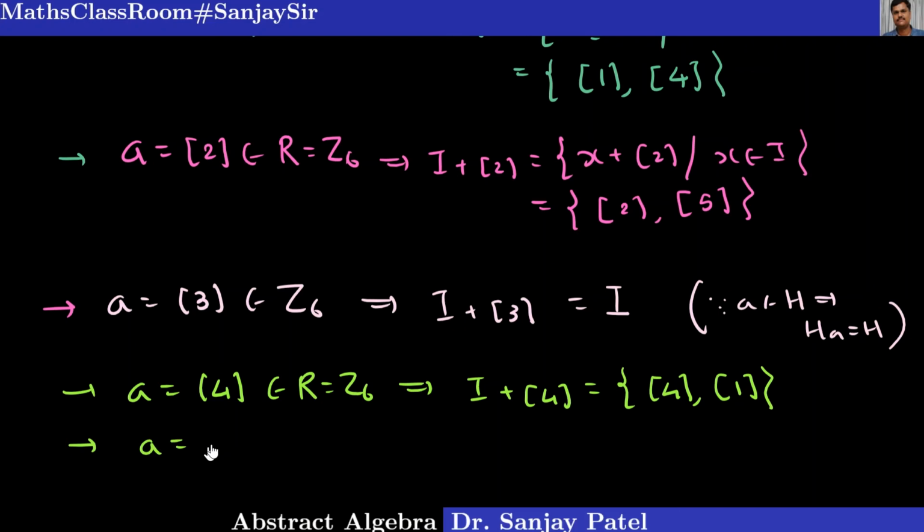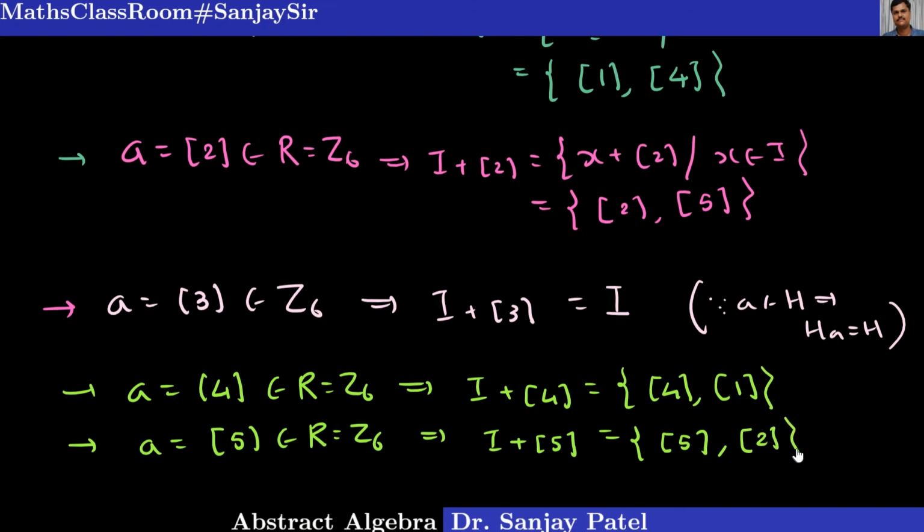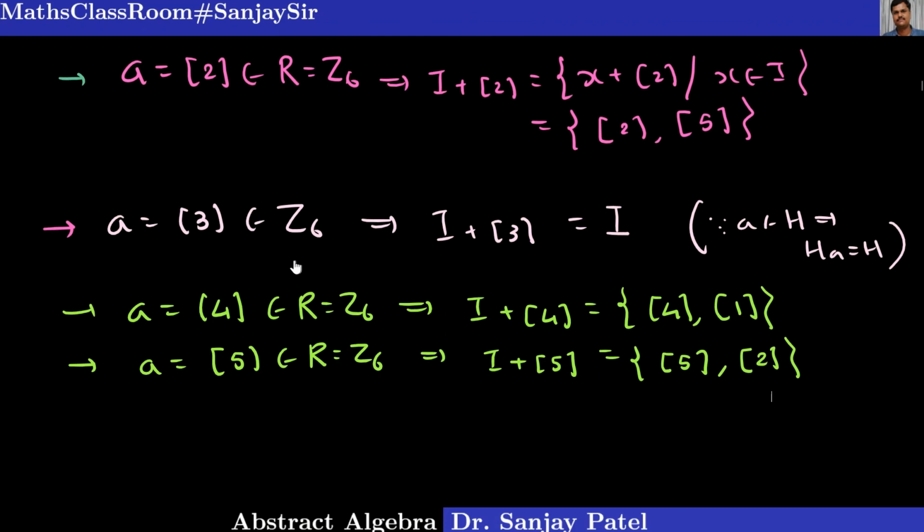And finally, the last element in the ring whose right coset for the given subgroup I is I plus 5. So again, 0 plus 5, that is 5, because I contains 0 and 3 only. So class 0 plus class 5 is 5. Class 3 plus class 5, that is class 8, but class 8 is same as class 2, because 8 is congruent to 2 mod 6.